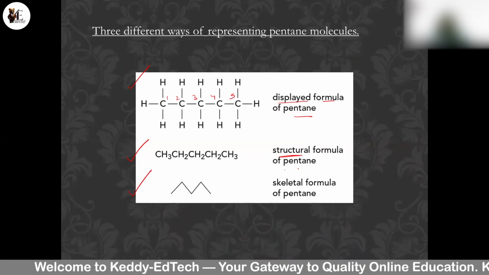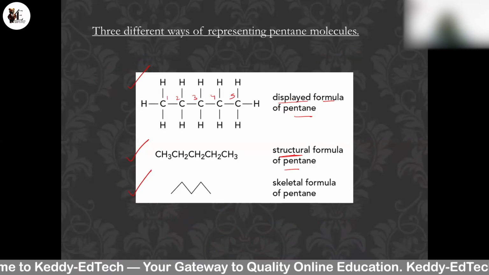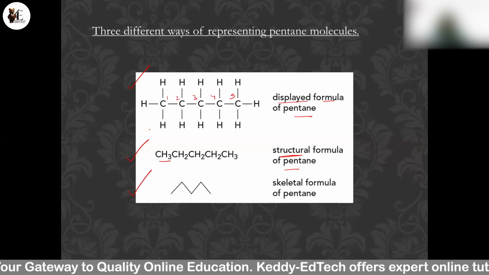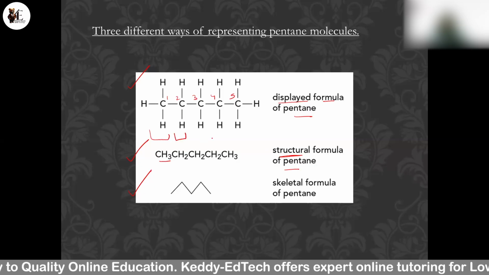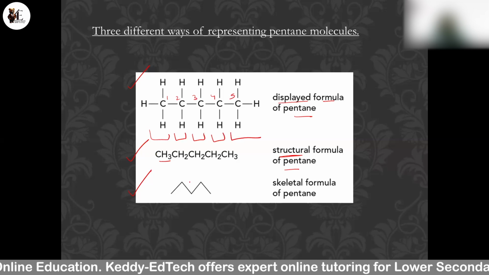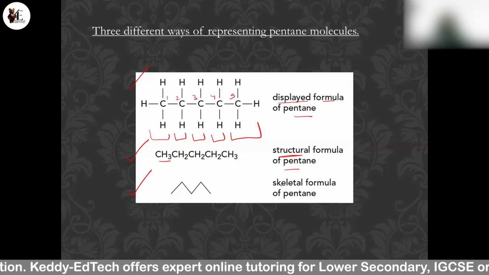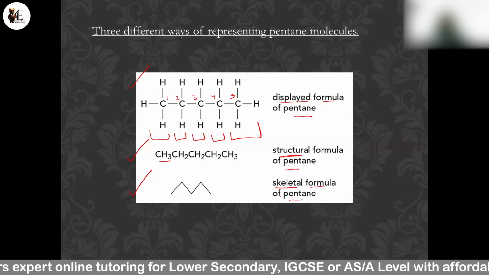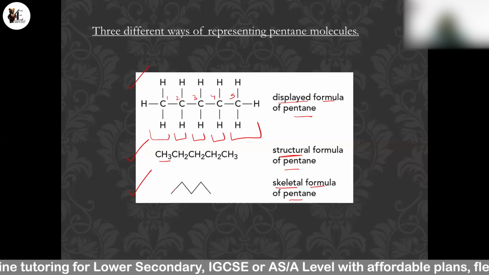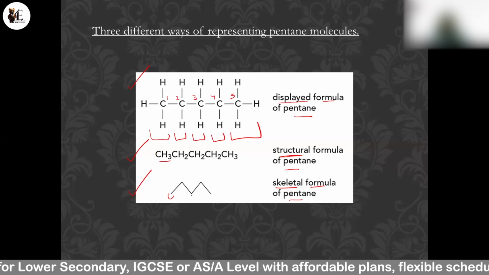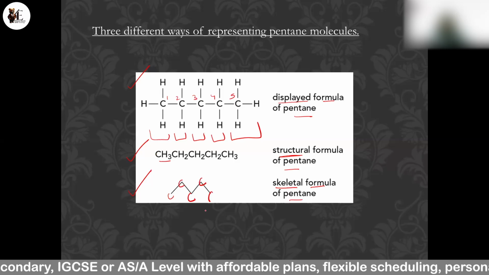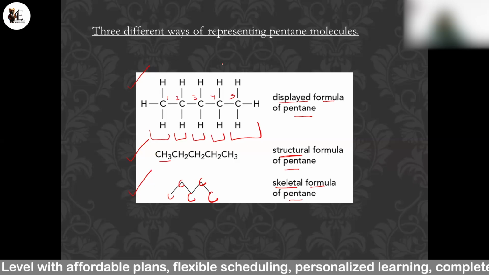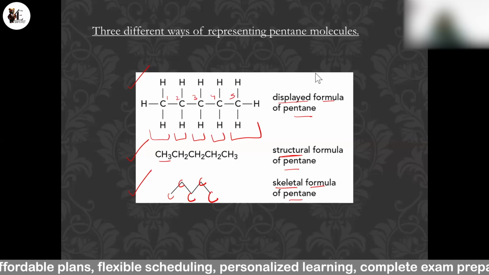For the structural formula of pentane, you do not have to represent the bonds, you just write down the atoms: CH3, CH2, CH2, CH2 and CH3. This is the structural formula of pentane. In the skeletal formula, you do not show the C-H bonds, you show only C-C bonds: 1, 2, 3, 4 and 5. So these are the displayed formula, structural formula and skeletal formula of pentane. Is it clear?